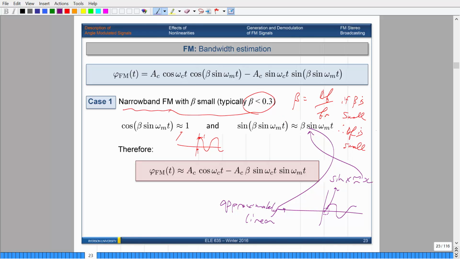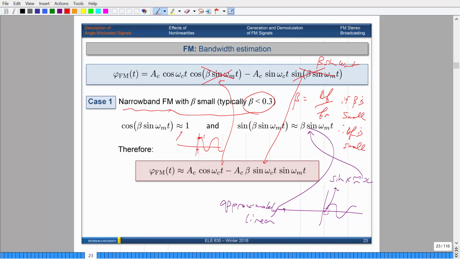So if you assume that the modulation index is very small, then we can change this, because the cosine is approximately equal to 1. So that's what's happening here. And then we can change this so that it's just beta sine omega mt, because it's approximately linear, and that's what's going on over here.